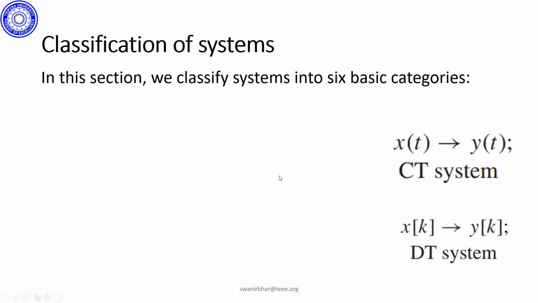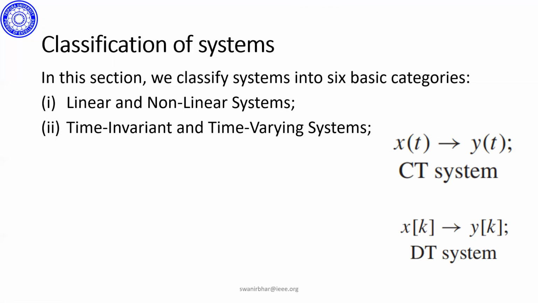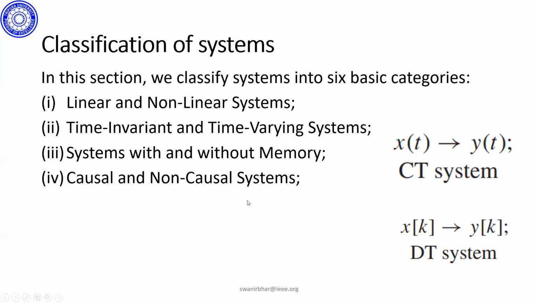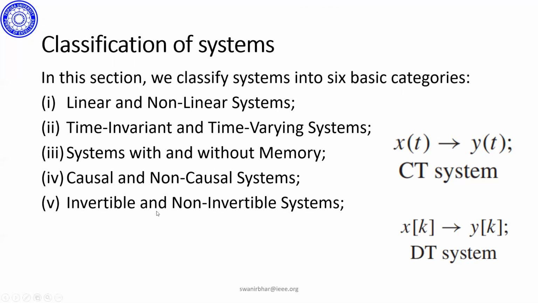The 6 basic categories which I'll be discussing in this class today are: number one, linear and non-linear; time invariant and time variant, meaning systems that change with respect to time and systems that do not change with respect to time; systems with or without memory, sometimes called static or dynamic systems; then causal and non-causal systems; then invertible and non-invertible systems; and the last one, stable and unstable systems. So let's discuss these 6 one by one.